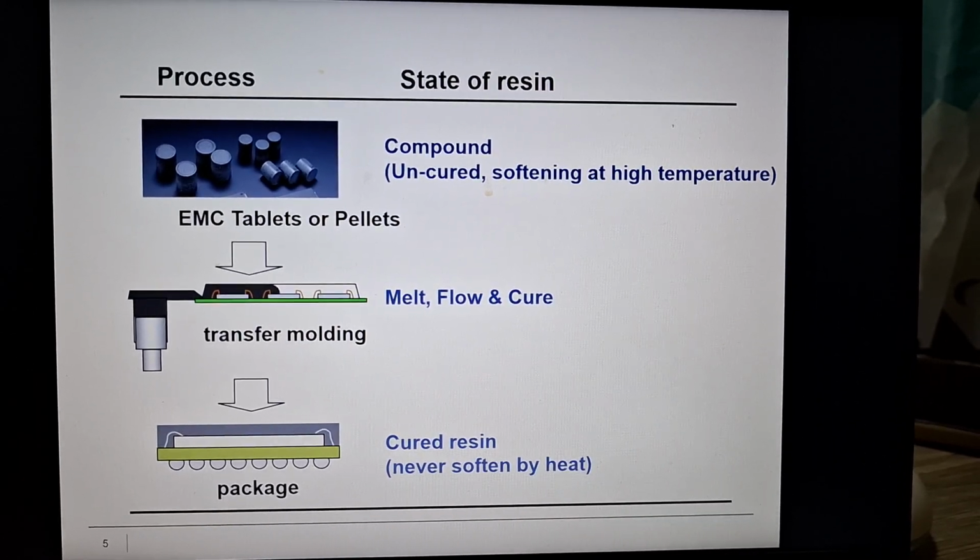So this page is showing you the epoxy molding compound or EMC in terms of process. Upon receipt by the semiconductor company ordering from the EMC supplier, the most common material form being supplied is this pelletized form.